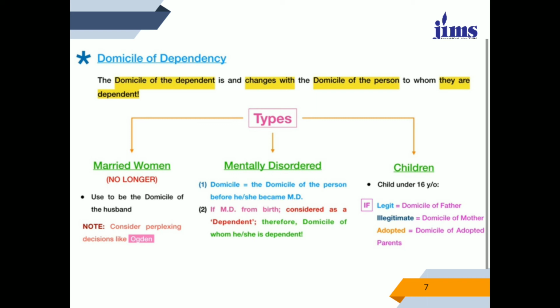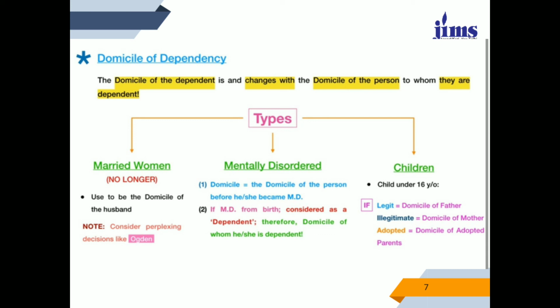Next, we have the domicile of a mentally disordered person. It is the domicile of the person before he or she becomes mentally disordered. Now, if he or she is mentally disordered from birth, then he or she will get the domicile of the person on whom they are dependent.